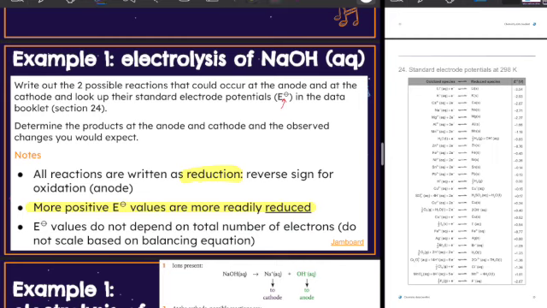Oh, excuse me. Let me make it the same as the one we just looked at. I just want to make sure it's exactly the same as what we just saw. So we have here negative, cathode, reduction, positive, anode, oxidation. I'm showing you this because I would recommend writing this out each time.